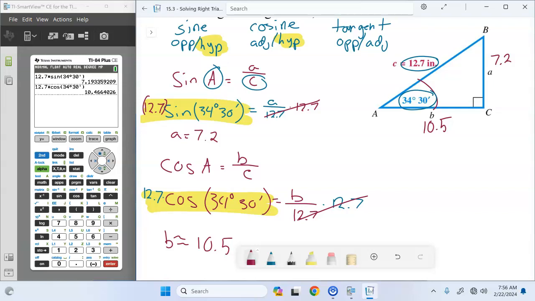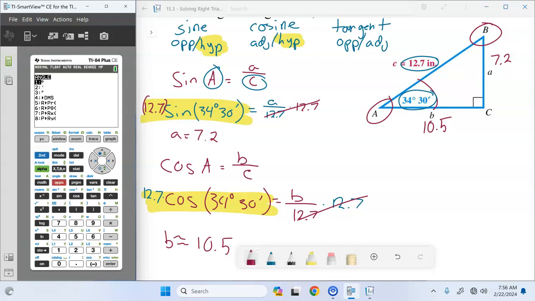We want to go ahead and subtract it using the triangle equality. Remember, angle A and angle B always have to add up to 90. So you don't need to include the 180. You can if you want, but we can just do 90 minus our angle, 34 degrees and 30 minutes.